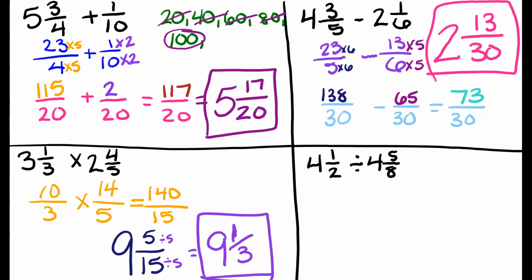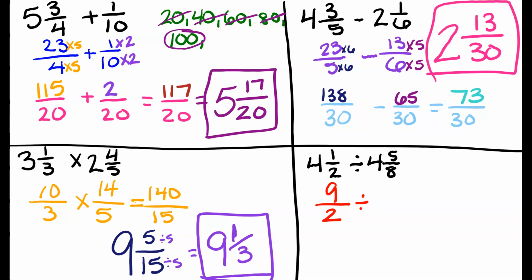Number 9. 4 1/2 divided by 4 5/8. First thing I need to do is change my mixed numbers to be a fraction greater than 1, or an improper fraction. 4 1/2 is the same as saying 4 groups of 2, or 4 times 2, which is 8, plus 1, which is 9, over our denominator.